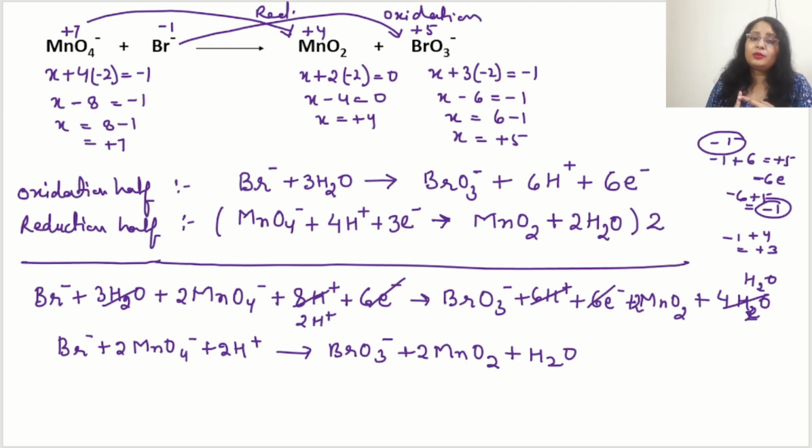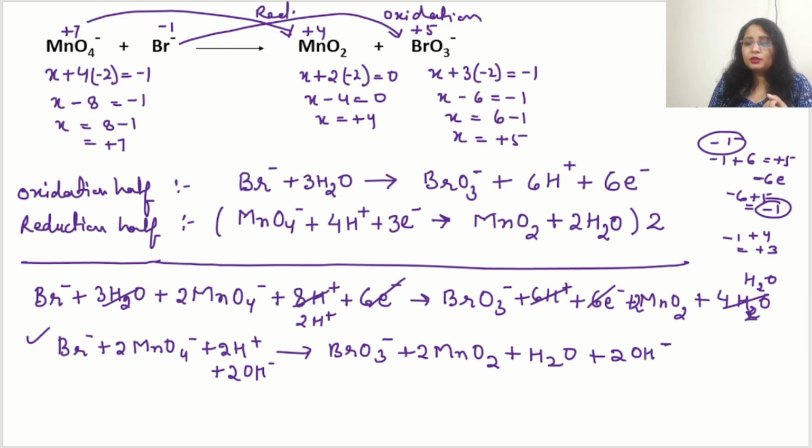Now after doing this much, one last step, that is the main step for the basic medium, is to add the OH minus ions. As many H plus ions as we have, we need to add that many OH minus ions. So here in this reaction we can see H plus ions are 2. So we will add 2OH minus on both sides.